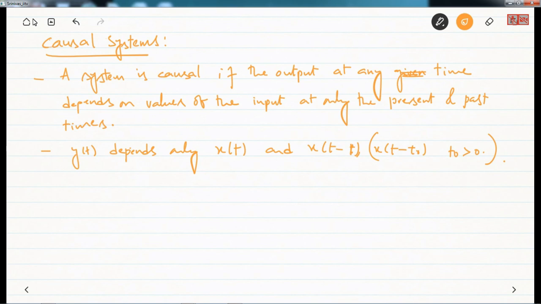One of the simplest examples of a causal system is a car or van, let's call it an automobile. In an automobile, the output, the velocity or the direction of the car, depends on the current input and at most the past inputs, but not the future inputs.